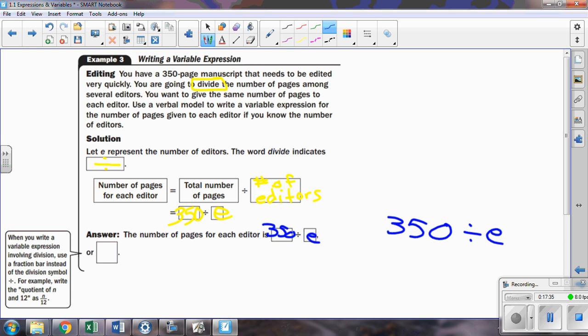This piece here of 350 divided by E is the exact same thing as using a long fraction bar. Do you remember when we were looking at our must-have standards? They had a piece there that said you have to be able to create and solve proportions.